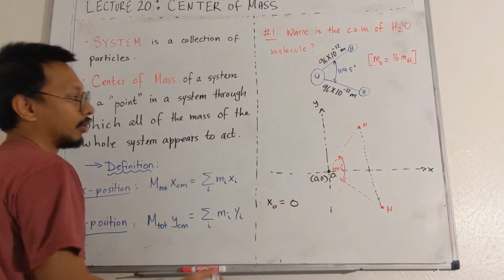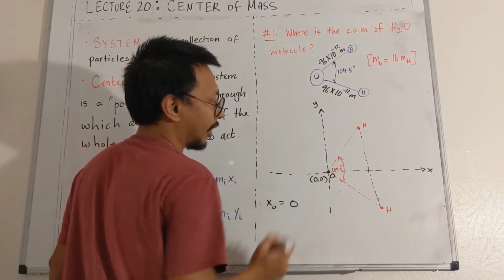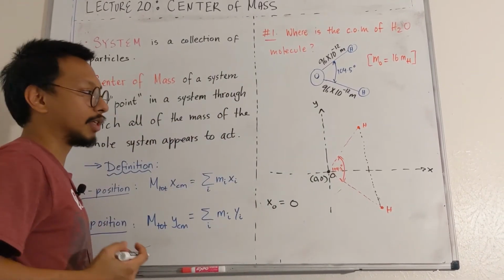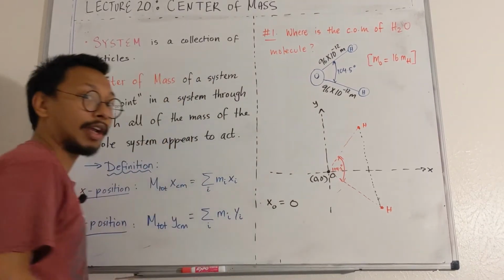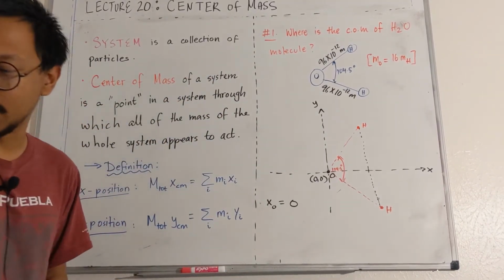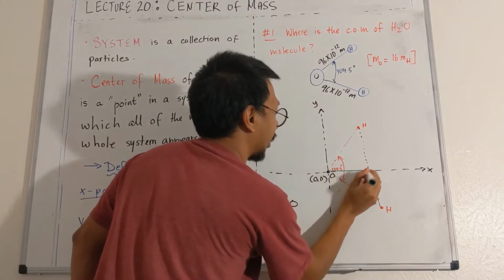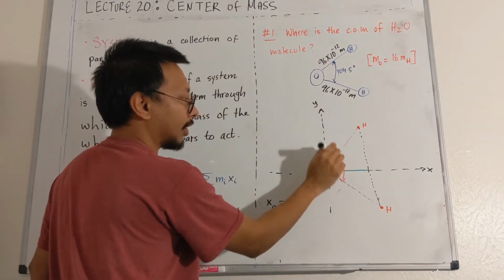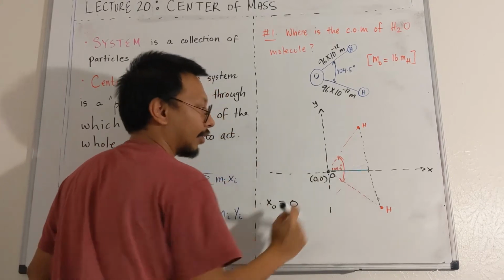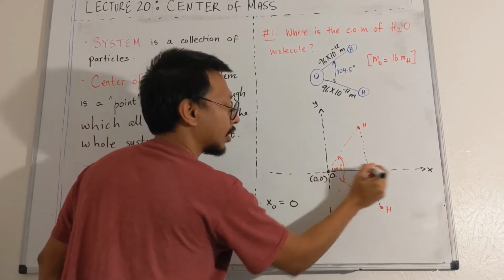Now we see that it is forming a triangle. To make our lives easier, we make it into a right angle triangle, by equally bisecting this angle with this line.